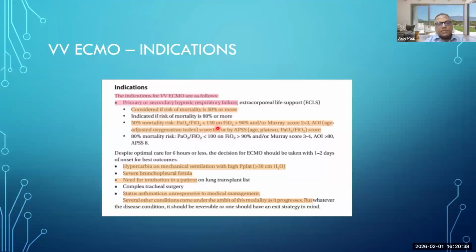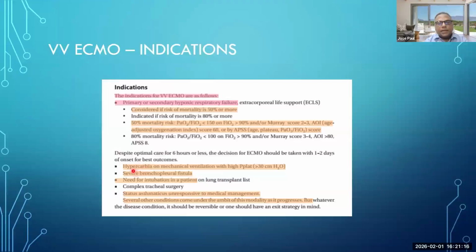Or if you do some scoring systems and find out whether you have to look for a 50% mortality risk or an 80% mortality risk, depending upon the PaO2 to FiO2 ratios, on gases and on the fraction of inspired oxygen, there are a lot of scores which will tell you what the mortality risk of the patient is. So if there is a 50% mortality risk or an 80% mortality risk, depending upon the scores, you consider the patient for undergoing a veno-venous ECMO.